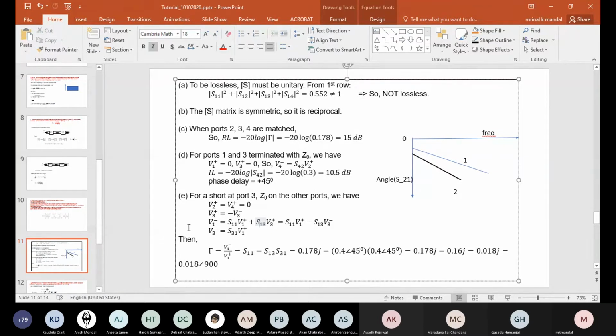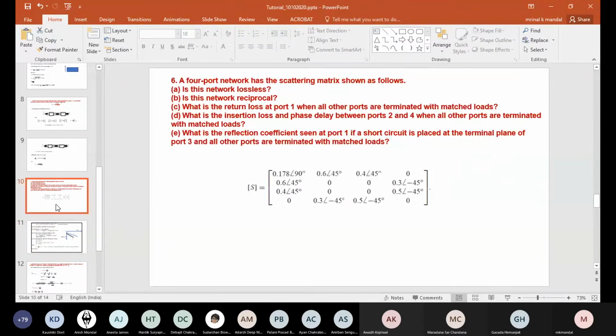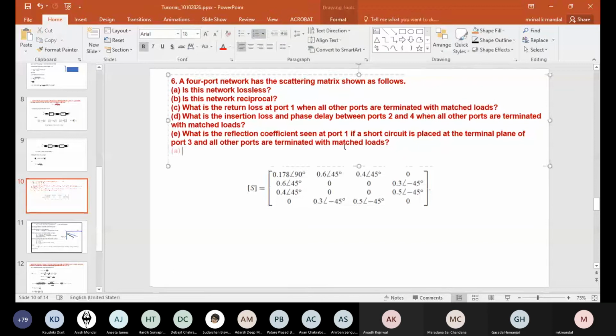This part, any confusion? You can switch on and ask. Sir? Yes, tell me, I can hear you. Sir, at the last question where we have written V3 minus.